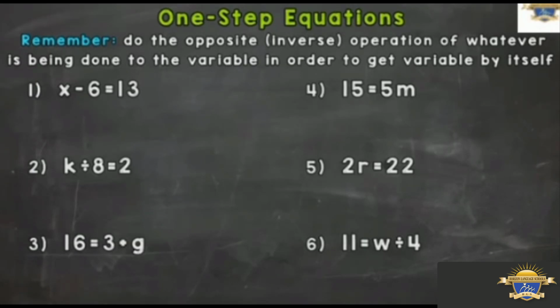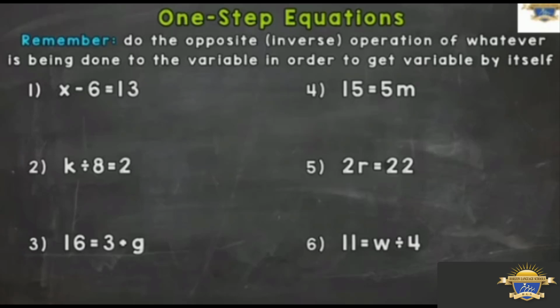So go to number 1 here. How do we solve a one-step equation? For number 1 we have x minus 6. So you need to take a look at what is being done to that x. We need to do the opposite, so subtracting 6 will become adding 6.